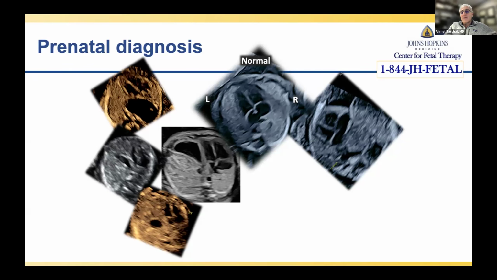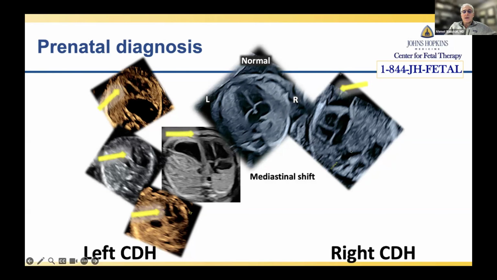The opposite happens in right-sided hernias, where you see here that the heart is sitting more towards the left-hand side, and that's because there is liver herniation on the right-hand side into the chest. So that's the hallmark that defines what the typical abnormality is that you would observe in diaphragmatic hernia.